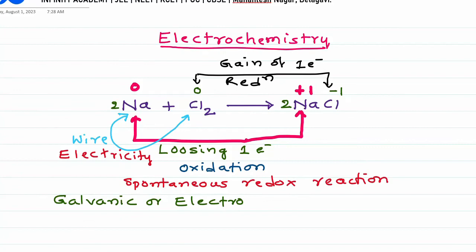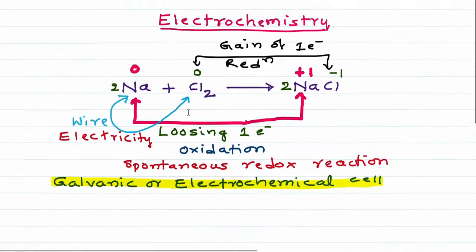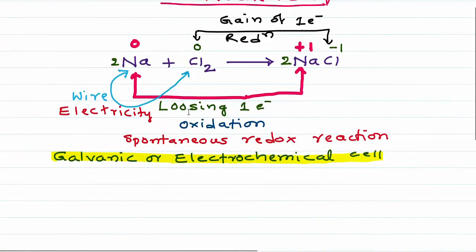So we understood if we pass the electron lost in the oxidation part to the reduction part using a wire, definitely we can produce electricity, and this is what normally happens in our batteries which we use in our day-to-day life. Such a cell, such a device, we call it a galvanic cell or electrochemical cell.